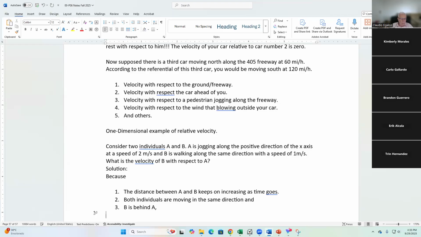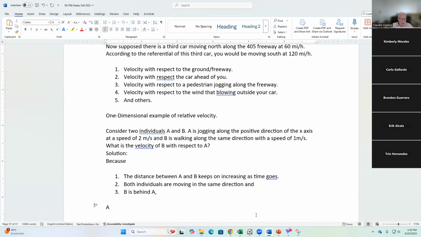it is as though B is moving along the negative direction of the x-axis as seen from A, okay? At 1 meter per second.